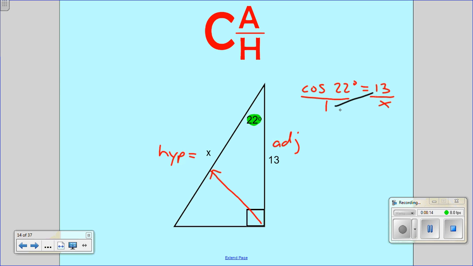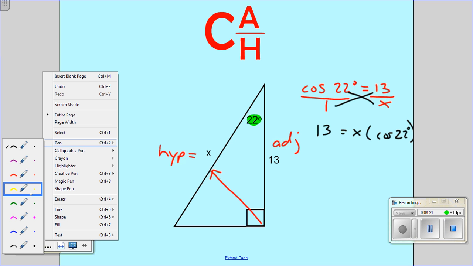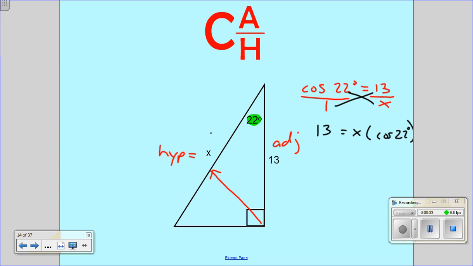So that's 13 equals x times cosine of 22. So since it's x times cosine of 22, to get x by itself, I would have to divide both sides by cosine 22.